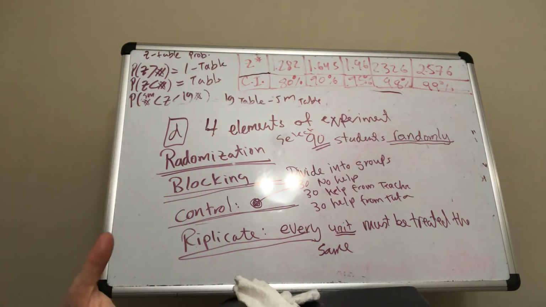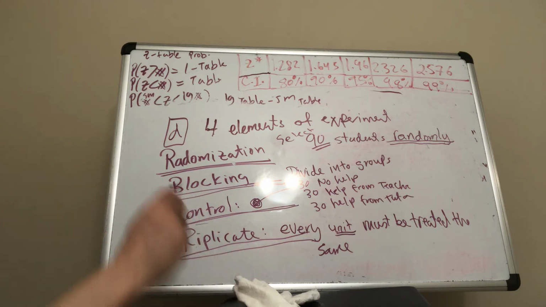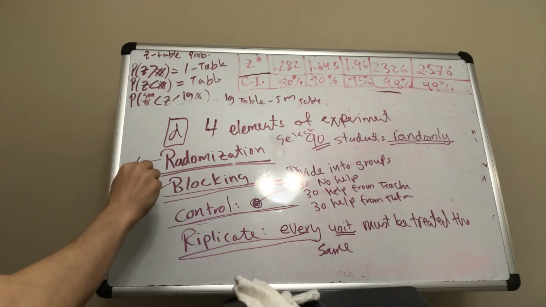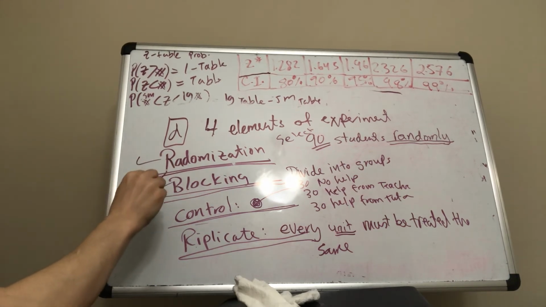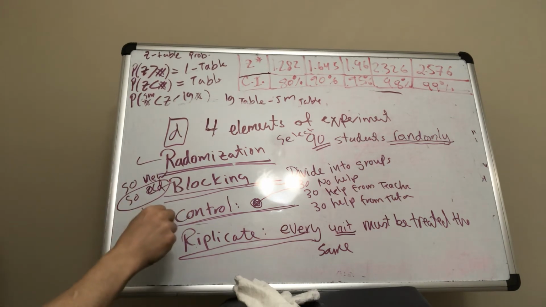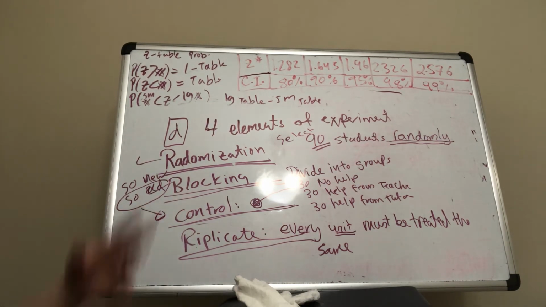Assign 50 to use monitors less than a year, so new monitors, and 50 using the old. So there is blocking: 50 all using new, and 50 all using old. And the ones using old will be your control group. So 3 of them are satisfied.